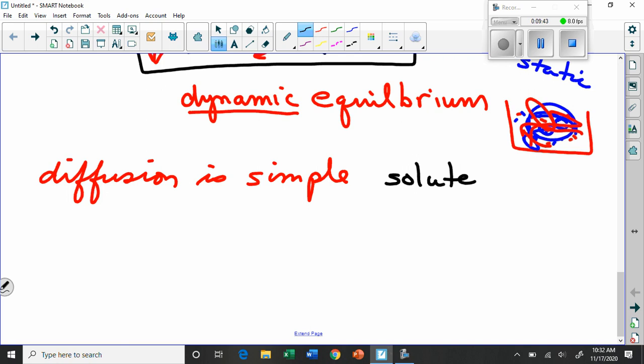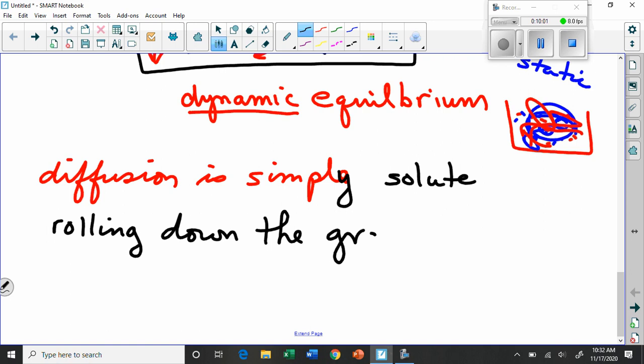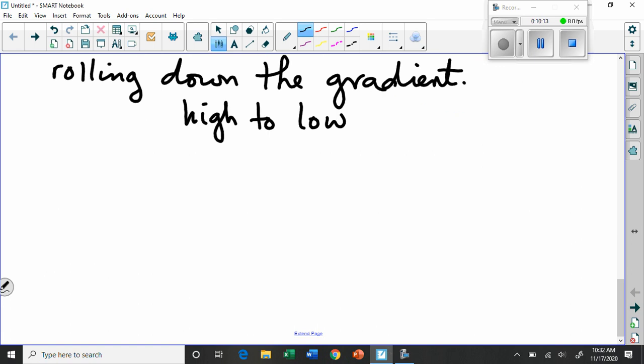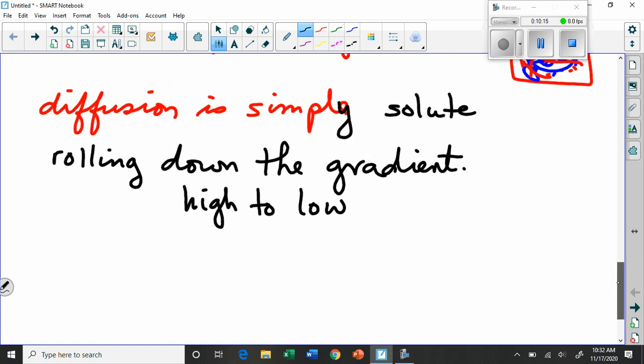Bits of sugar, bits of starch, bits of molecules, it could even be dirt or mud or anything. It is simply solute rolling down the gradient, which means it's always going from high to low. And so diffusion could be a way for things to get into the cell.